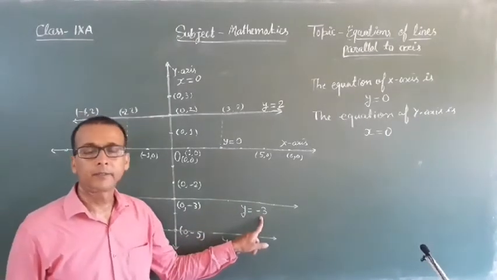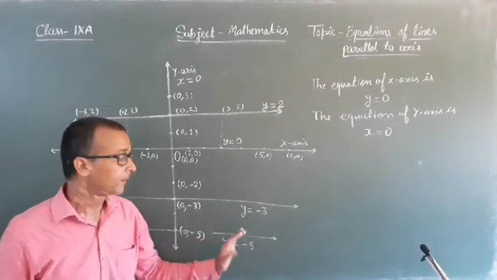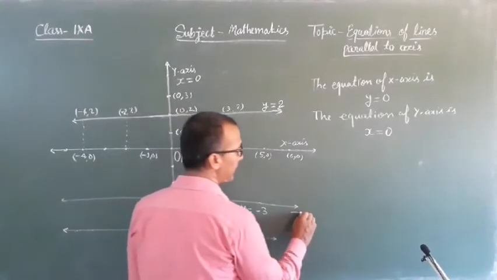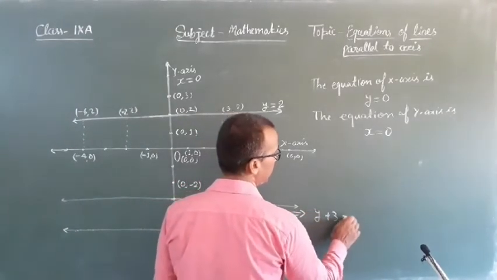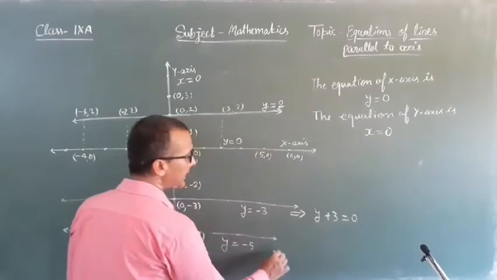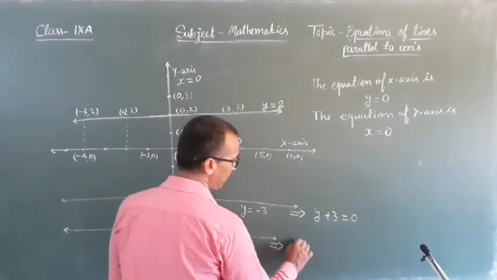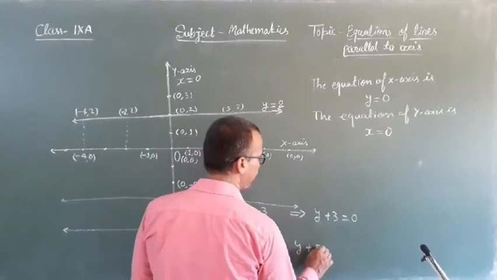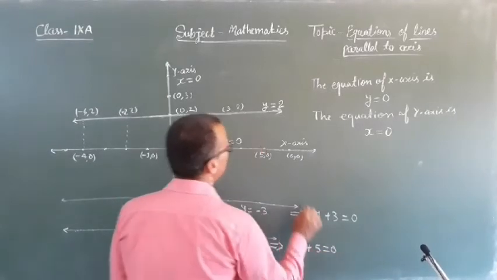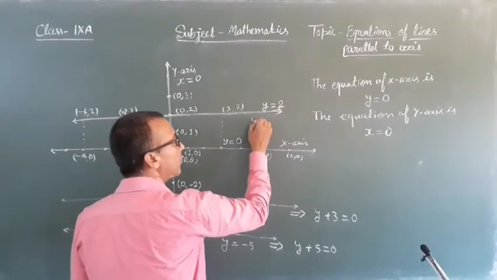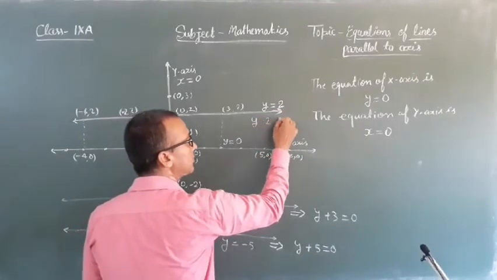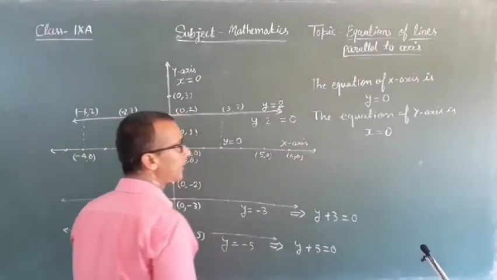It will be y = -3, and it can be represented as y + 3 = 0. Another line can be represented as y + 5 = 0, and the equation of this line is y - 2 = 0.